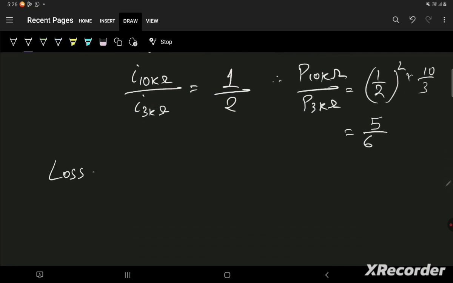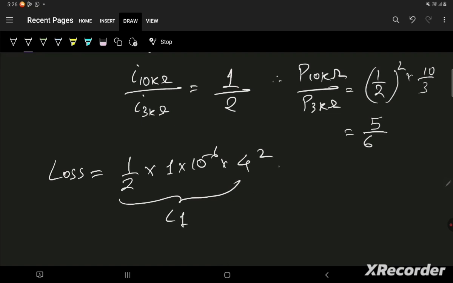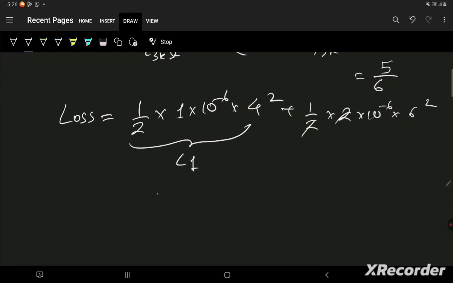Total loss will just go in the form of heat, which will be the energy initially stored in the capacitors, equal to 1 by 2 times 1 times 10 to the power minus 6 into 4 square, that is the energy of capacitor 1, plus half times 2 times 10 to the power minus 6 into 6 square, and if you evaluate it, you will get 44 microjoules.